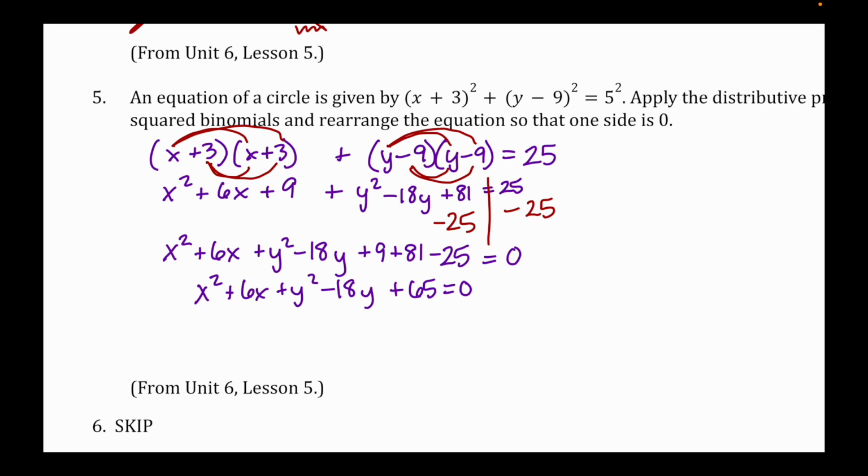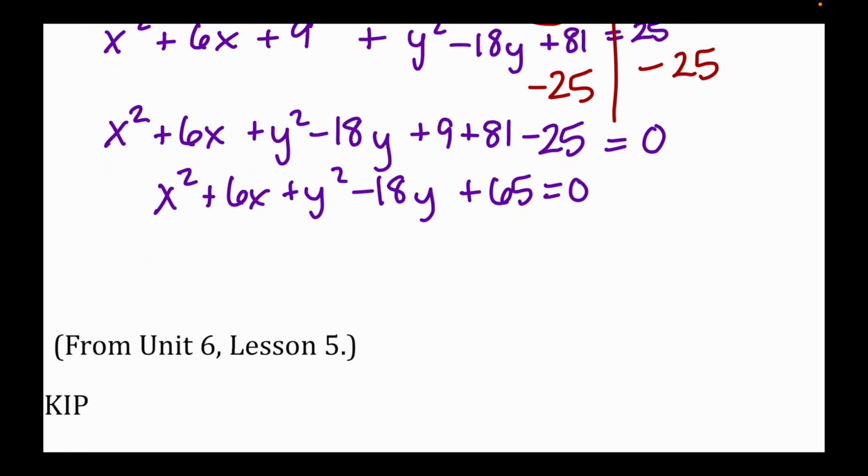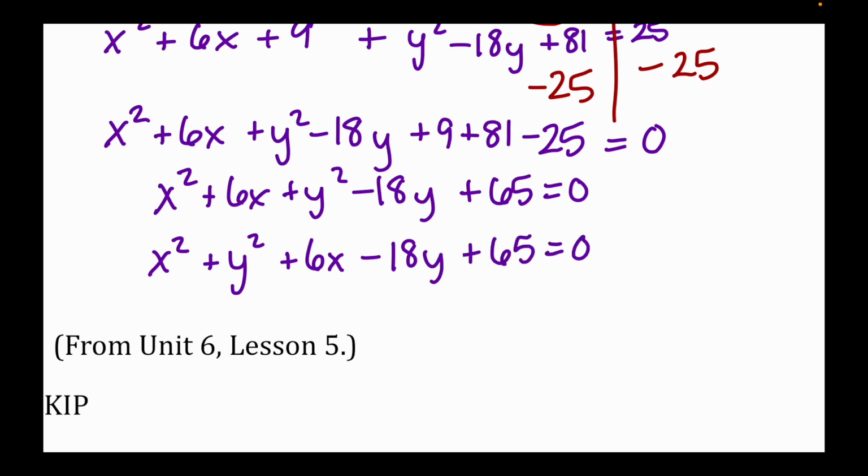And I guess if I'm doing this the right way, technically we should rewrite this a little bit so that you have x squared plus y squared plus 6x minus 18y plus 65 equals 0.